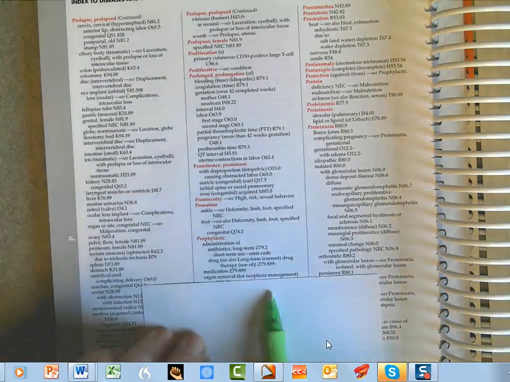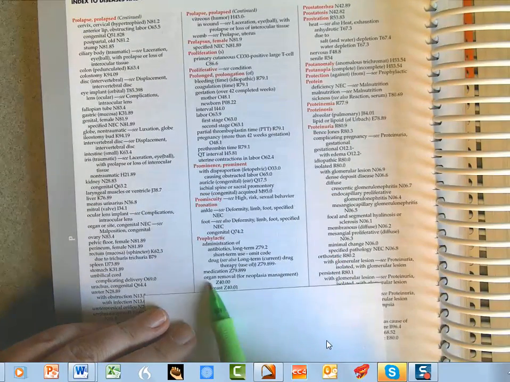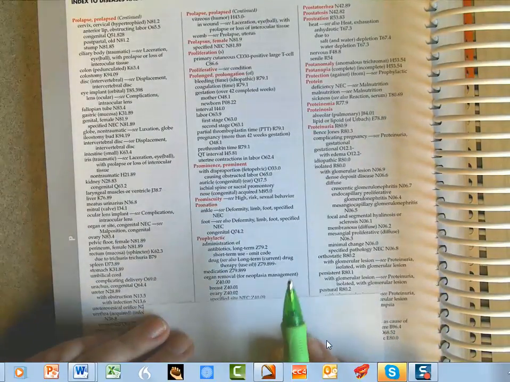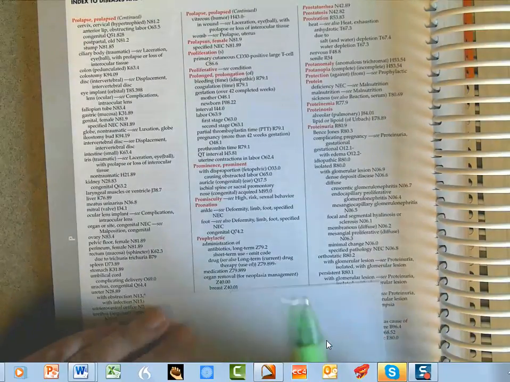All right, so let's keep looking down here. What do you know? Breast. Organ removal, breast. So prophylactic organ removal of the breast. Let's make sure that there's nothing else under there that's kind of going down the ski slope, and there's not. So this is where we stop.